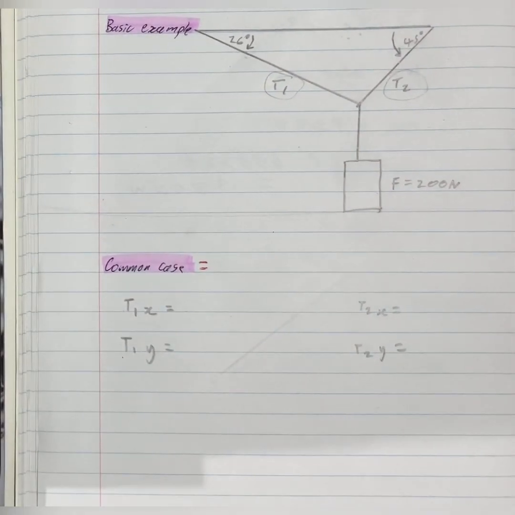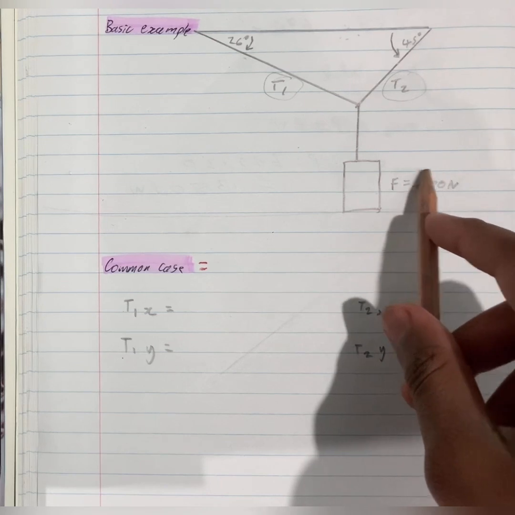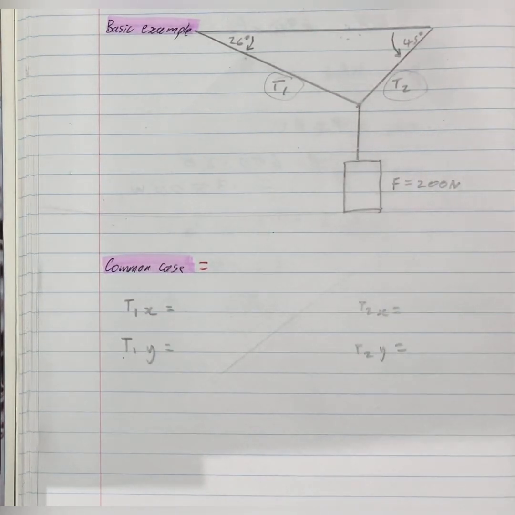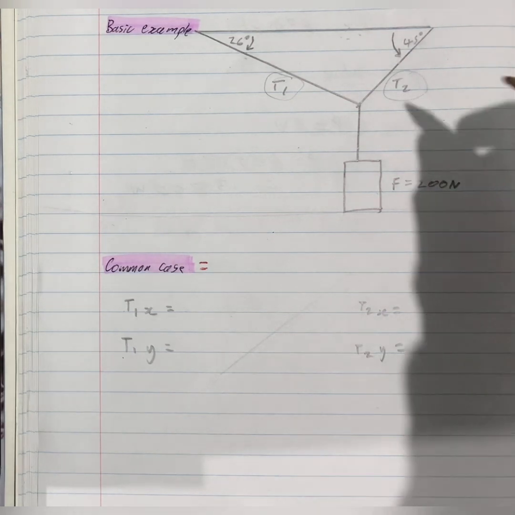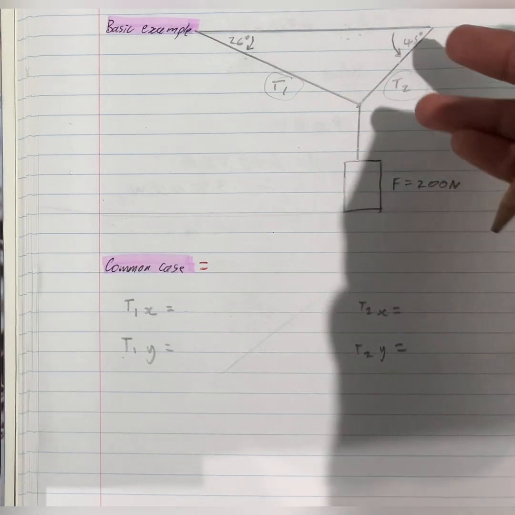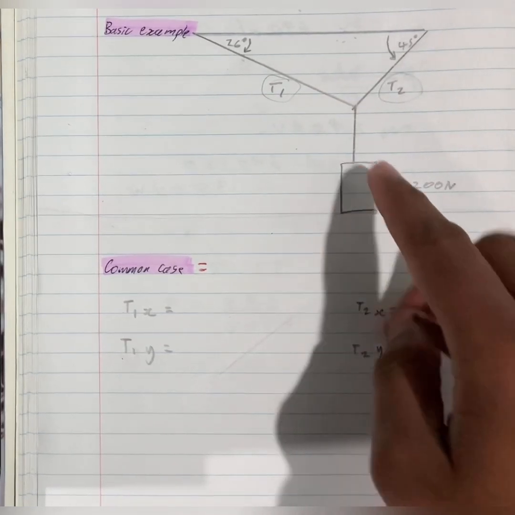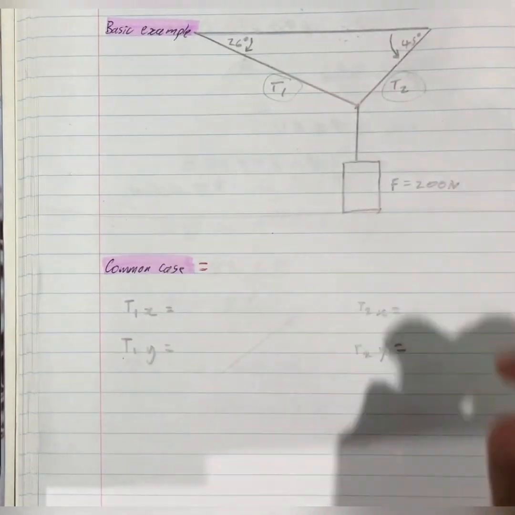Now, what would you need to do with these values? Well, using these values, you would want to find the 200 newtons of downwards force. Basically, what this means is the element of these two combined give a 200 downwards force, but there's no forces going to the side.